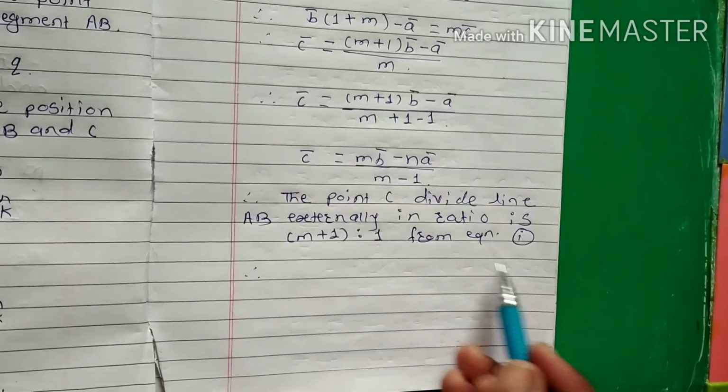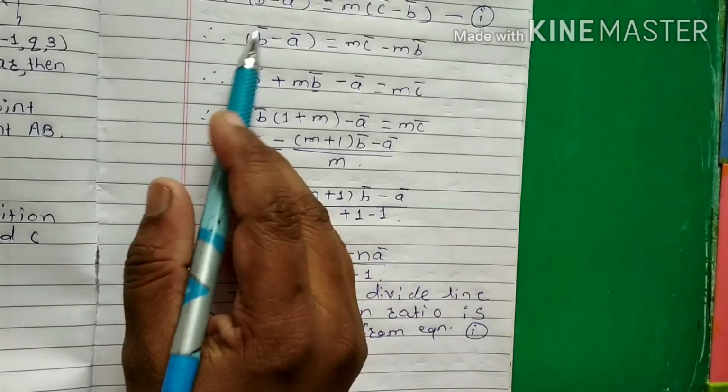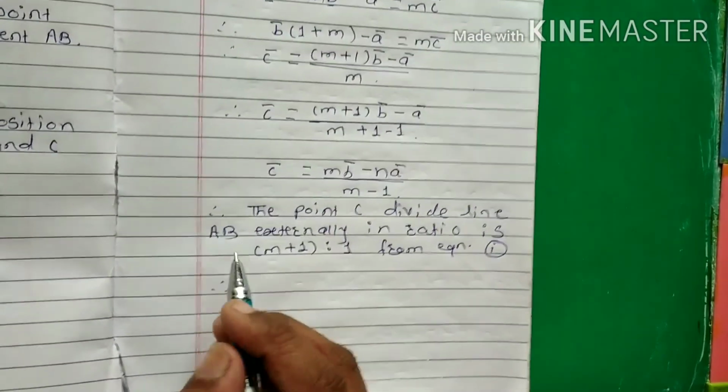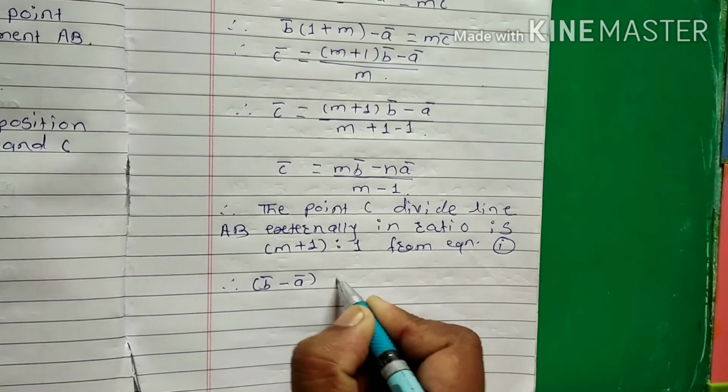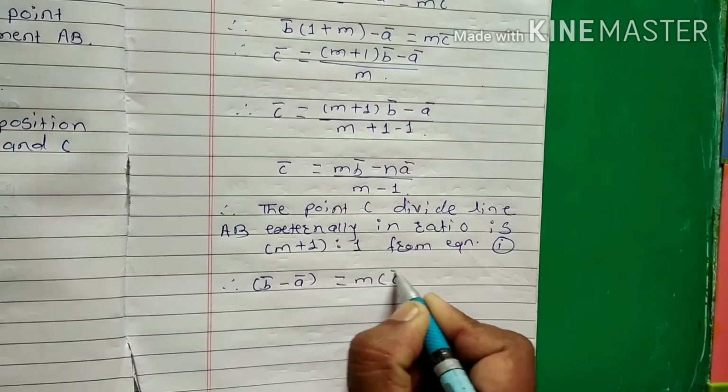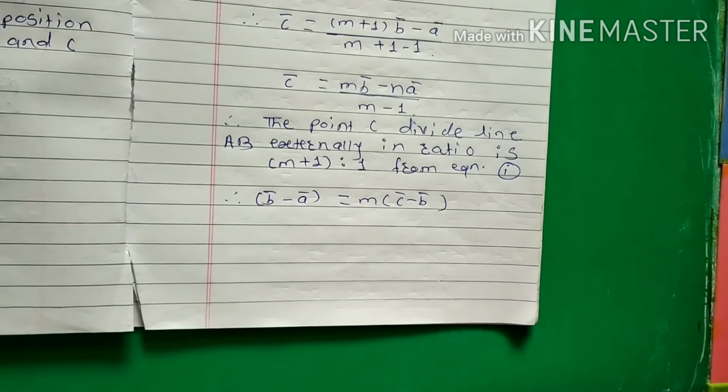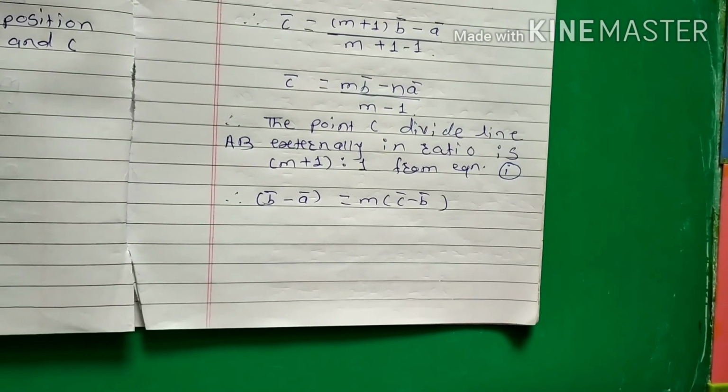Then from equation number 1 we write again B bar minus A bar is equal to M into C bar minus B bar. Then we put the values of B bar, A bar, C bar.